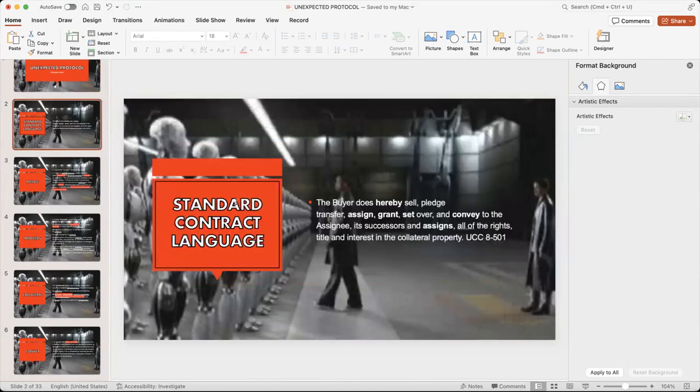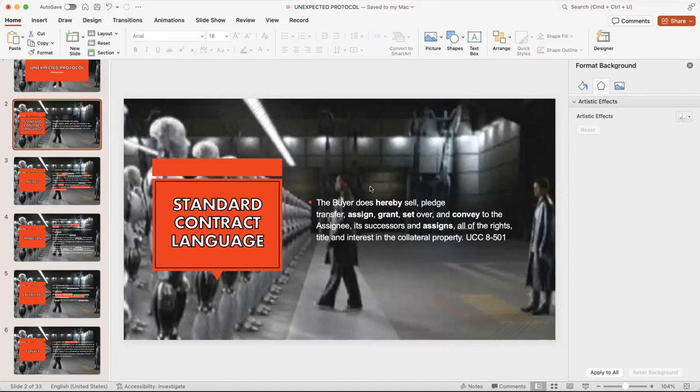So the first one, this right here is some verbiage that is standard in pretty much every contract. They're all written this way. Sometimes the words are different. I took this and I had to change it out and put buyer because we're typically in a buyer position when we're buying cars or homes or things of that nature. So this is the language that you'll see.